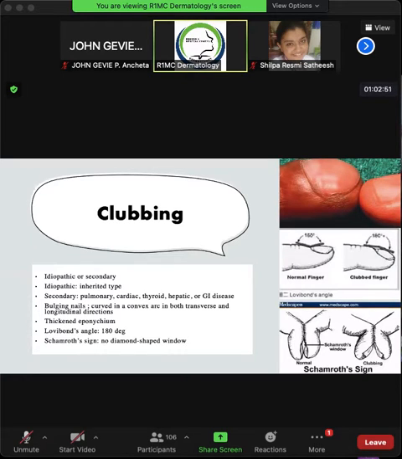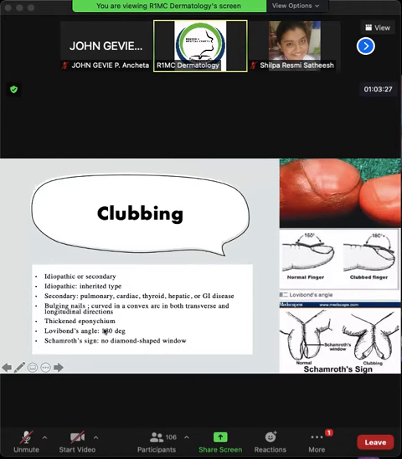Next is your clubbing. So it is divided into two types. We have your idiopathic and acquired, your secondary. So these changes occur not only in the nails but also in your terminal phalanges. So for your clubbing, usually the angle formed by the dorsal surface of the distal phalanx and the nail plate is known as your Lovibond's angle.